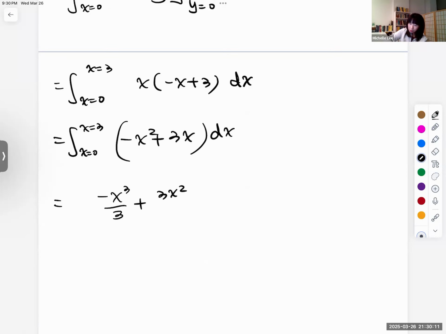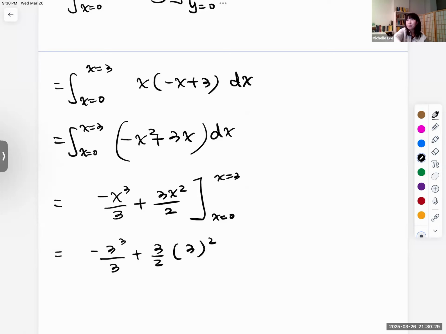Plus 3x squared over 2. We want to evaluate from x equal to 0 to 3. So negative 3 to the third power over 3 plus 3 over 2 times 3 squared.